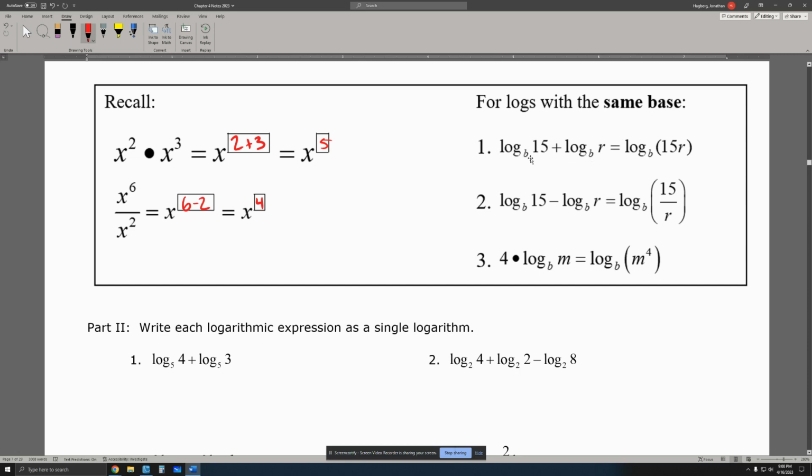An example using log base b of 15 plus log base b of r is equal to log base b of 15r. We have our quotient rule. When we subtract two logs of the same base, we divide those arguments. Okay, and finally, if we have a coefficient in front of the log, we can put that inside the log and write that as a power of the argument. Okay, and vice versa for any of these.